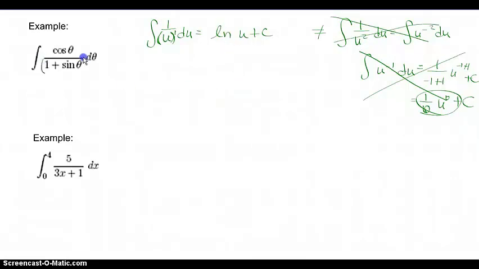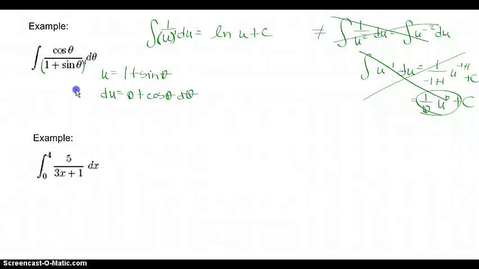So when we have something down here that's being operated on that's raised to a power of 1, we could choose that to be u. Again, using our process, we ignore what's here and we find the derivative. That's 0 plus the cosine of theta, d theta.